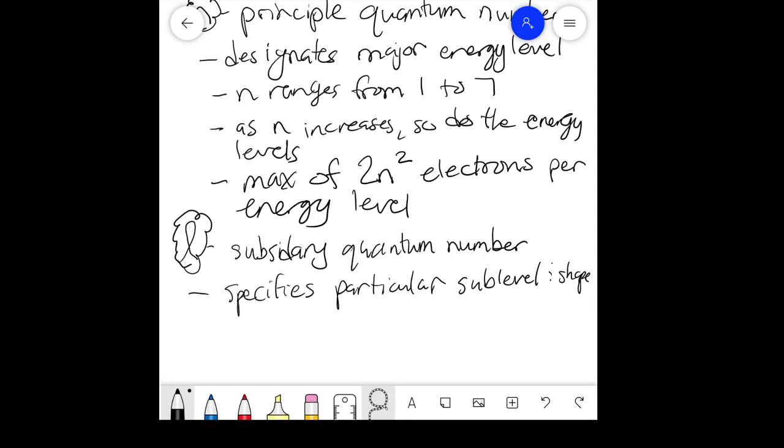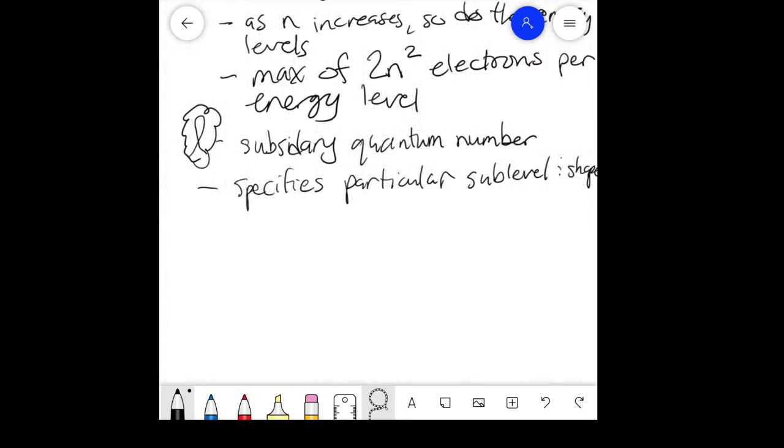The value of L depends on n, and L can range from 0 to 3. Just remember that 0 doesn't mean nothing. It's just the number it's given.